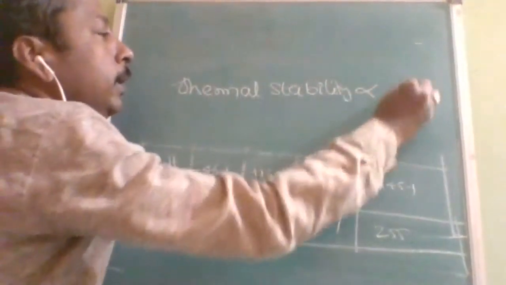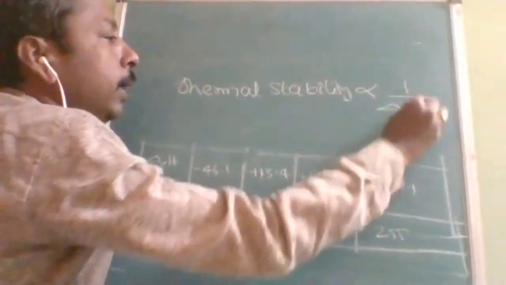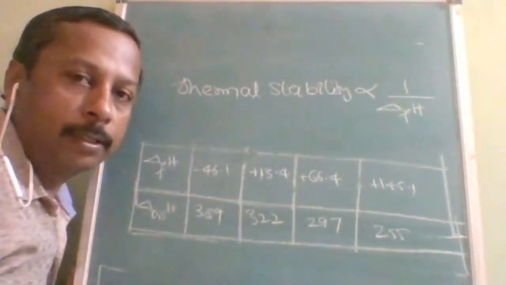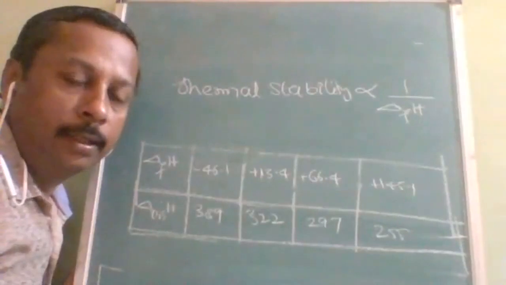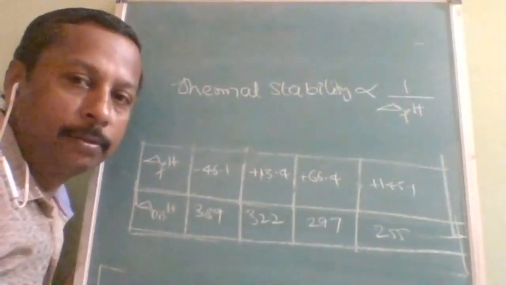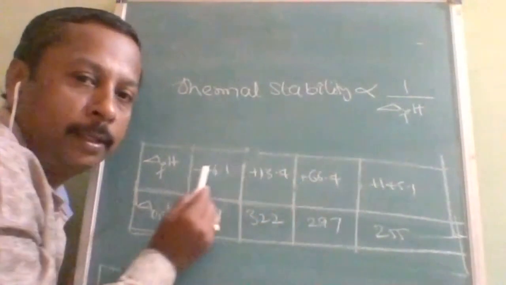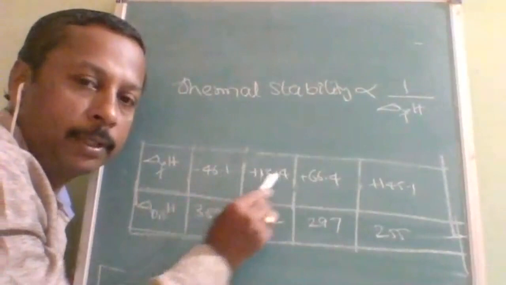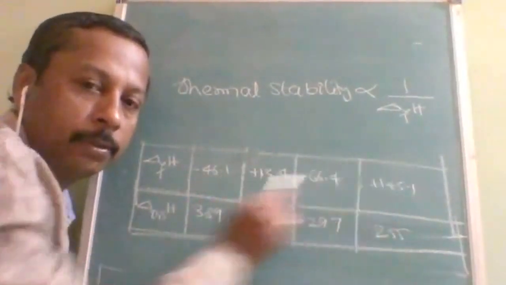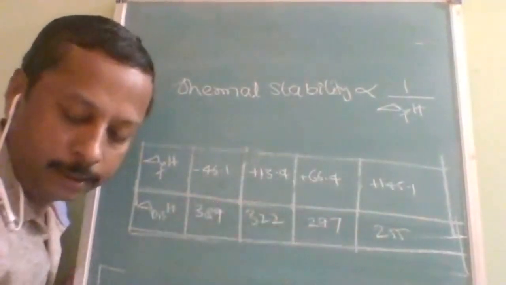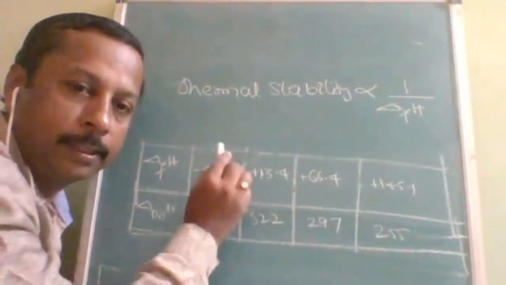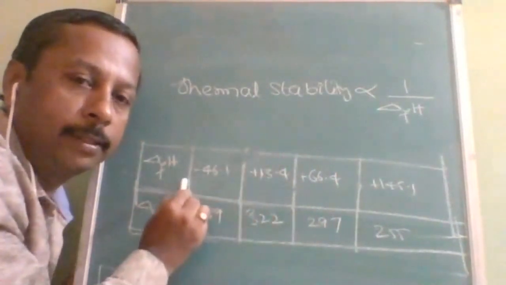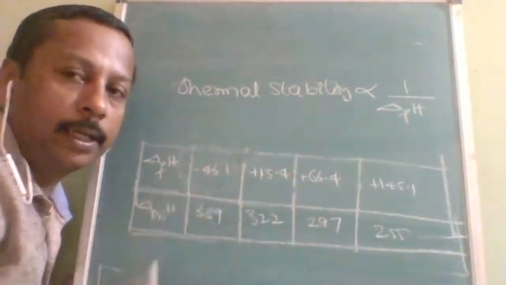Thermal stability is inversely proportional to enthalpy of formation, not the modulus; you have to take it along with the sign. Here the lowest enthalpy of formation is negative, then less positive, more positive, more positive. As the positive value increases, thermal stability decreases. So the highest thermal stability is of the one with the lowest ΔfH.